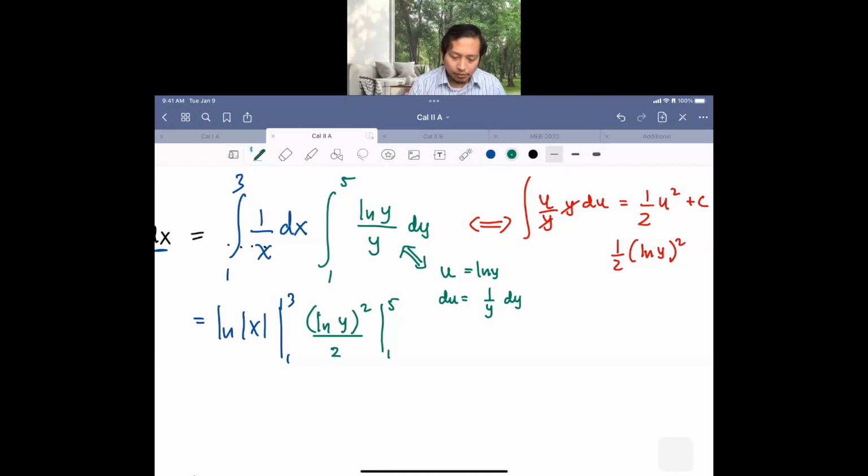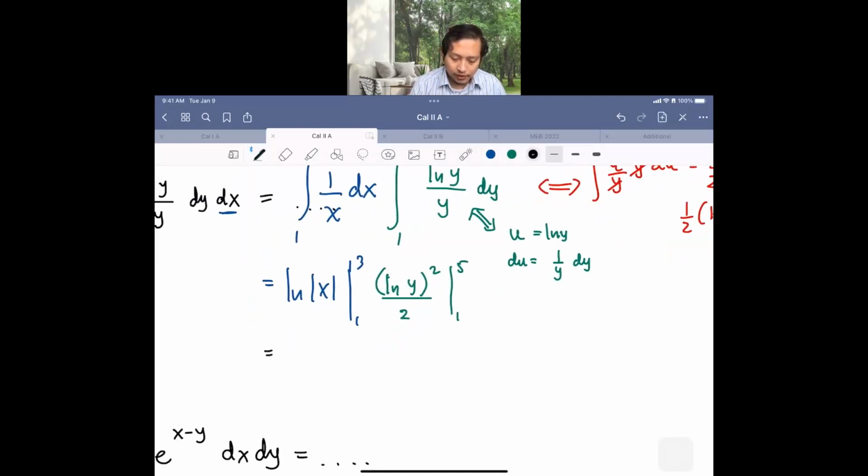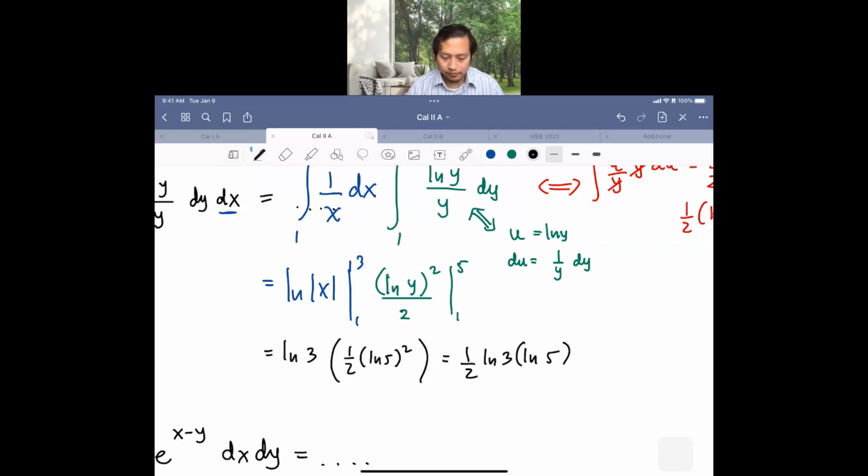Now we can input the numbers. So ln 3 minus ln 1, multiplied by ln 5 squared over 2. And ln 1 is 0, so we just have half ln 3 times ln 5 squared.